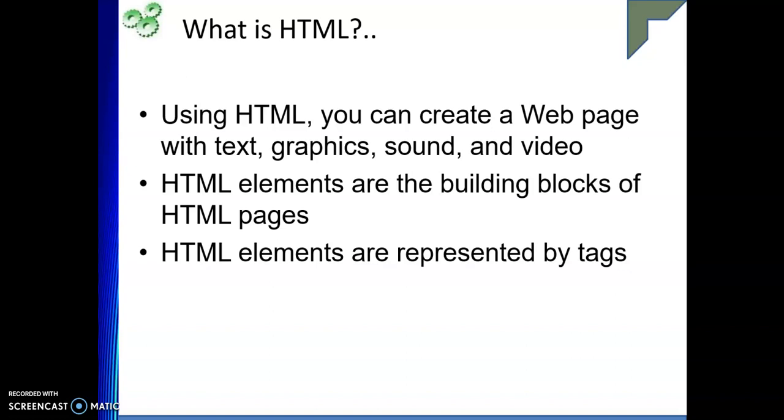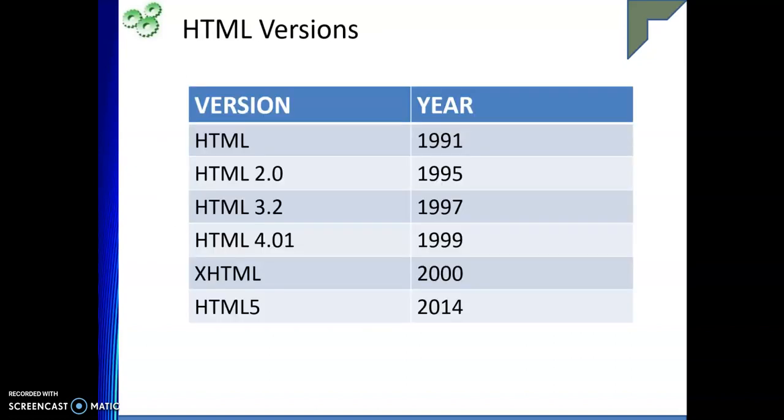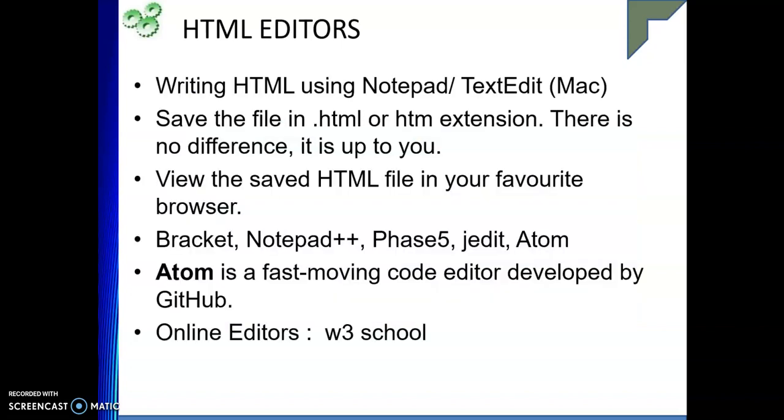The basic building elements for HTML are the HTML elements, and they are represented using the tags itself. A lot of versions are there like HTML, HTML 2.0, 3.2, 4.0, XHTML. The latest version is HTML5. We have HTML 5.1, 5.2, and recently 5.3 itself. And to write HTML code, we have a lot of editors.